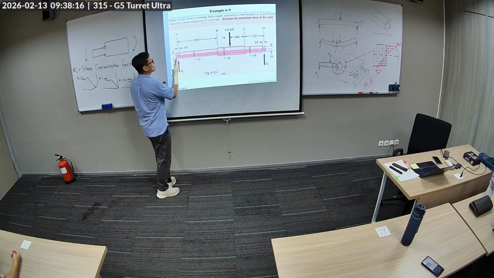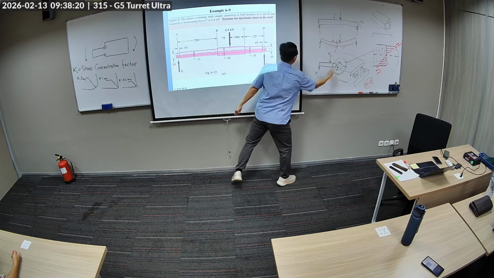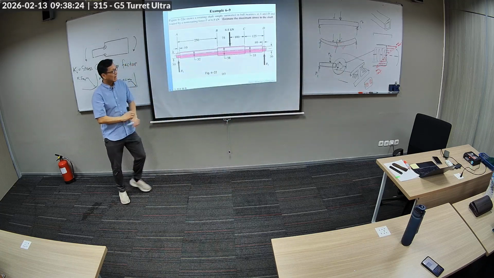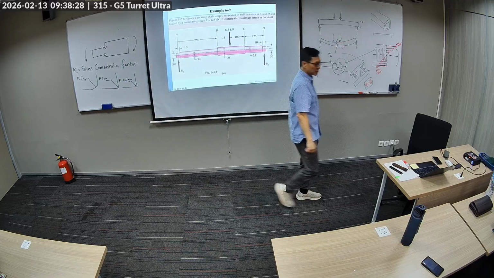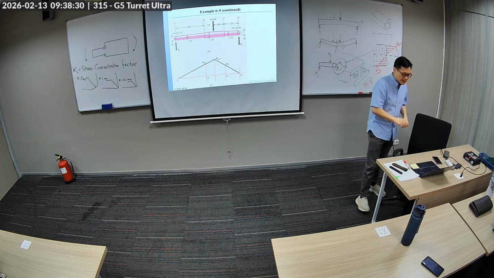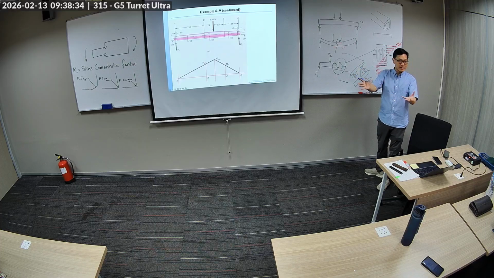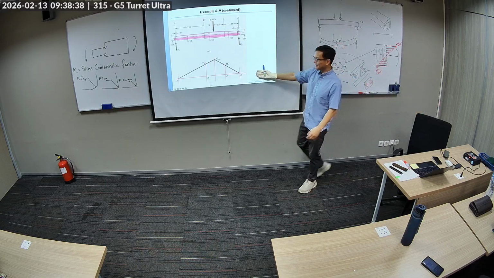So I will be interested in the moments M at these points only, A, B, C, D. Not interested here, only at the stress concentration factor. And after doing this, you will draw the shear and moment diagram.